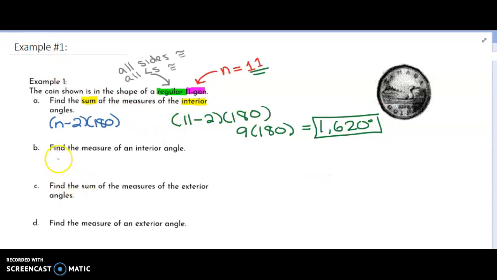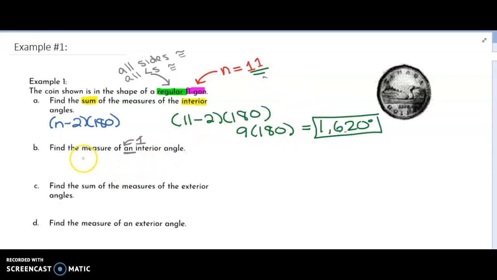All right, part B says find the measure of an interior angle. So we want the measure of one interior angle. We know that all of the interior angles are congruent, and we know they sum to 1620. So if we divide 1620 degrees equally among 11 angles, what is the measure of one angle?